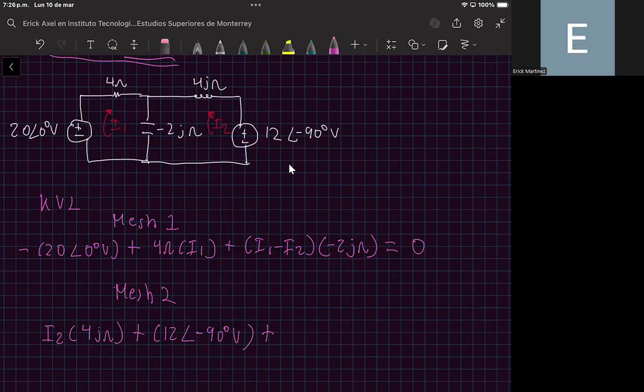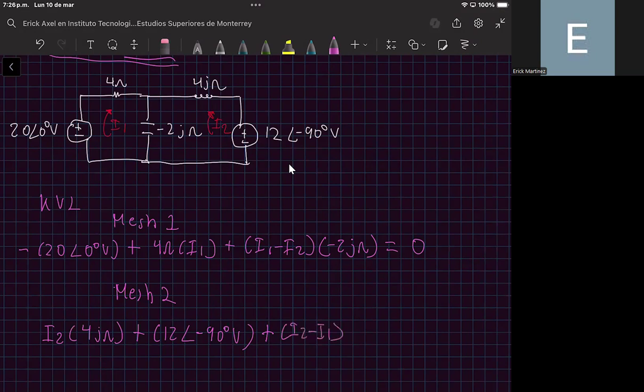And I will make the assumption that the voltage drop in this capacitor is also positive. That's why I'm placing a plus sign. But now I will compute the current that is flowing through this capacitor by using this loop as a reference, as the difference in currents between I2 and I1. So here we have I2 minus I1.